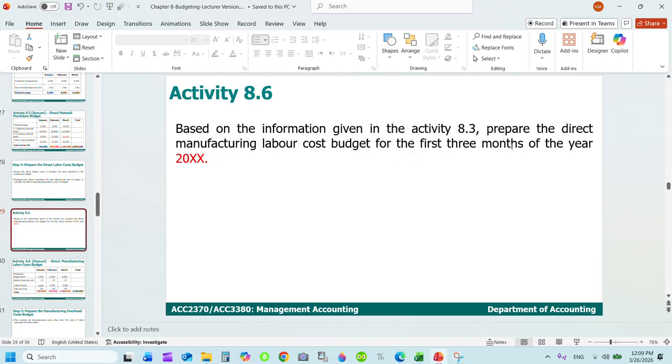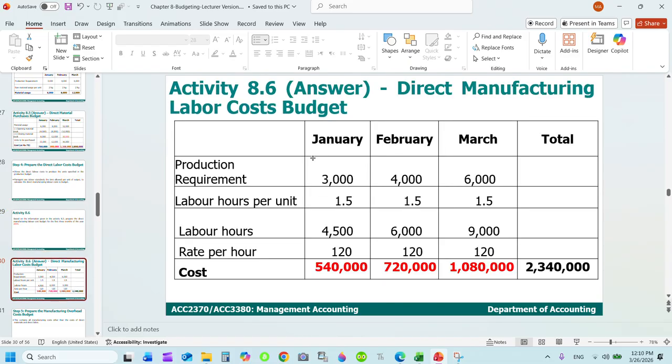Based on the information given in 8.3, prepare the direct manufacturing labor cost budget, right? So this is it. You can see 3,000, 4,000, 6,000 production requirement multiplied by 1.5 hours, then labor hour requirement this much at 120, this is your labor cost.